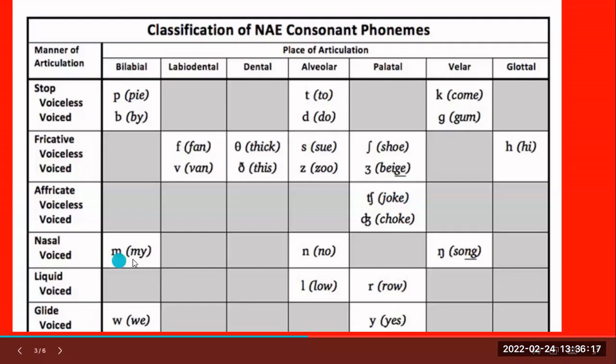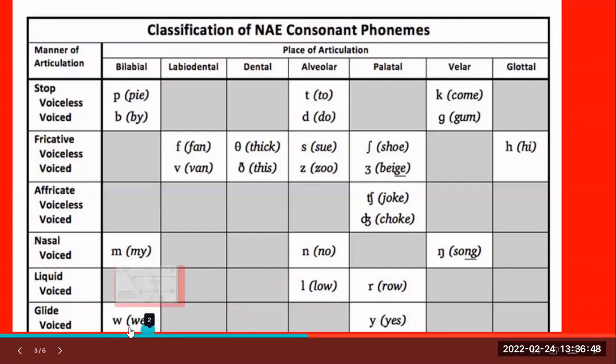Then in the nasals, you have M, the bilabial nasal, as in my. Then the alveolar nasal, as in no. Then the velar nasal, as in sang, all right? Then you have the liquids. You have the alveolar liquid, as in low, and the palatal liquid, as in row.